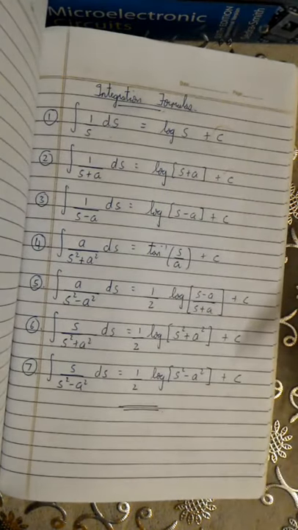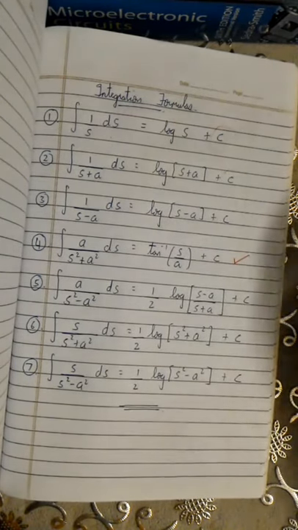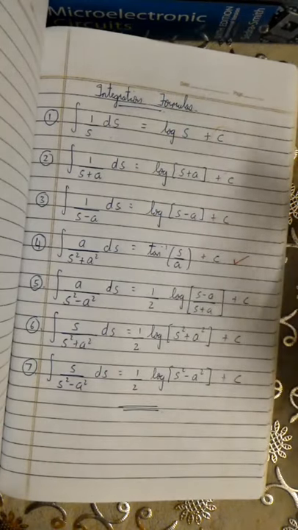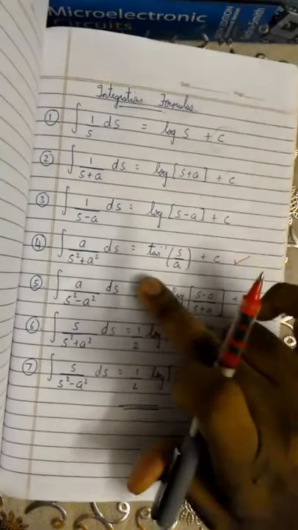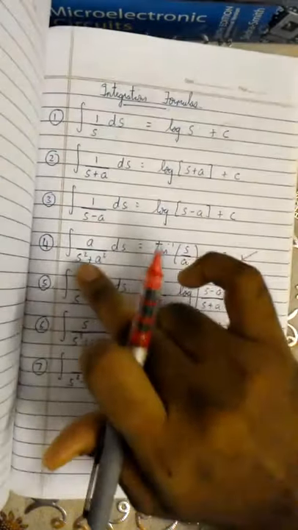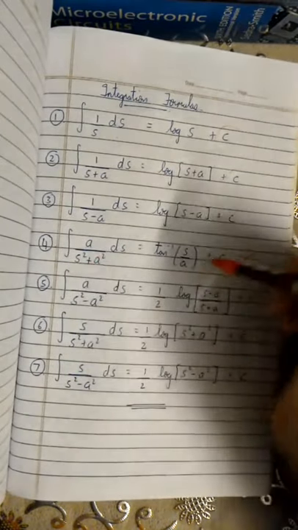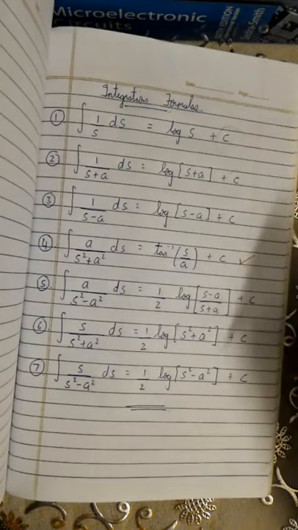Now this equation you have to learn as it is. There is no separate derivation you need to study. Its derivation would be very lengthy, so you can't apply the derivation itself to this formula. This formula you need to study. You have also learned this formula: the integral of a by s square plus a square ds is equal to tan inverse s by a plus c.